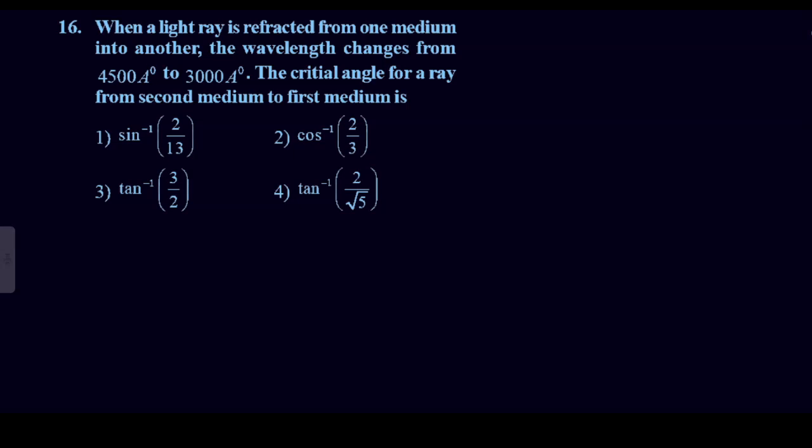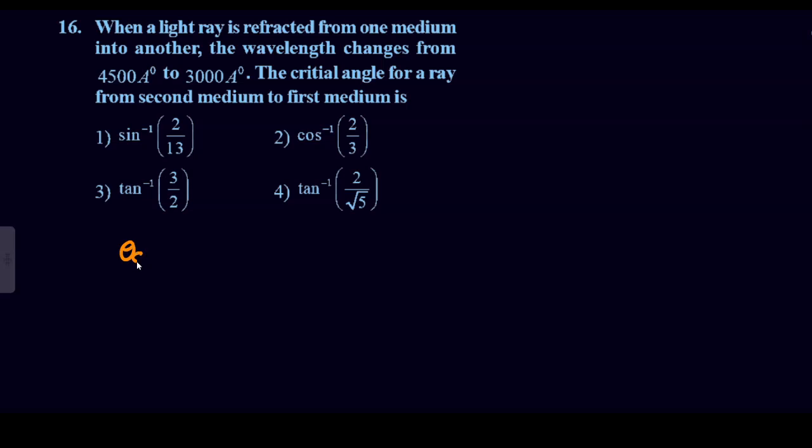Light ray is refracted from one medium to another. The wavelength changes from 4,500 to 3,000. The critical angle for a ray from second medium to first medium is asked.